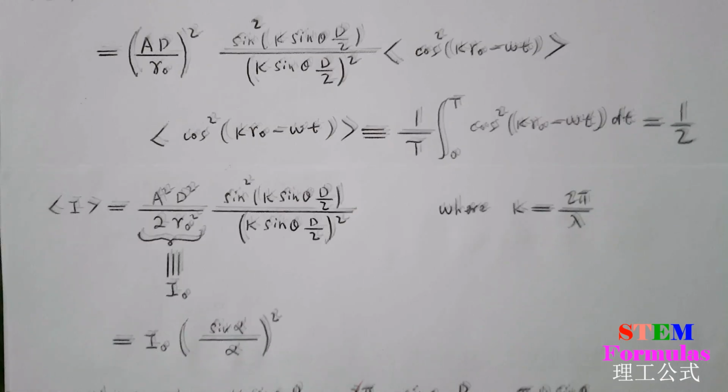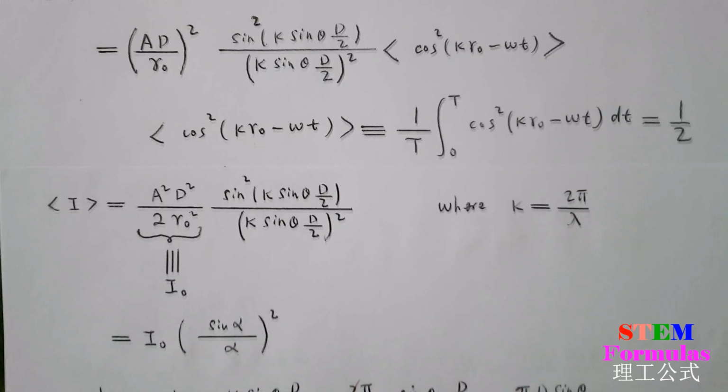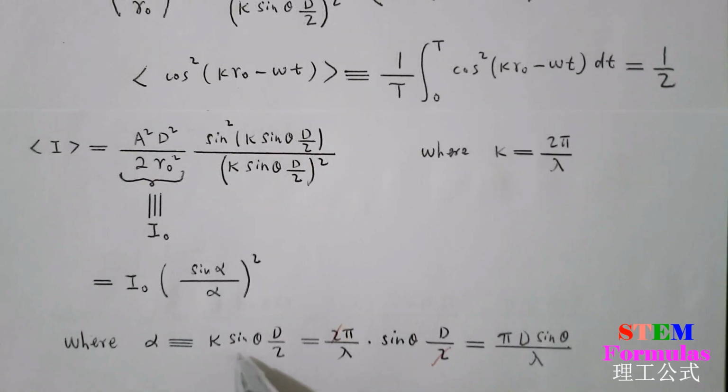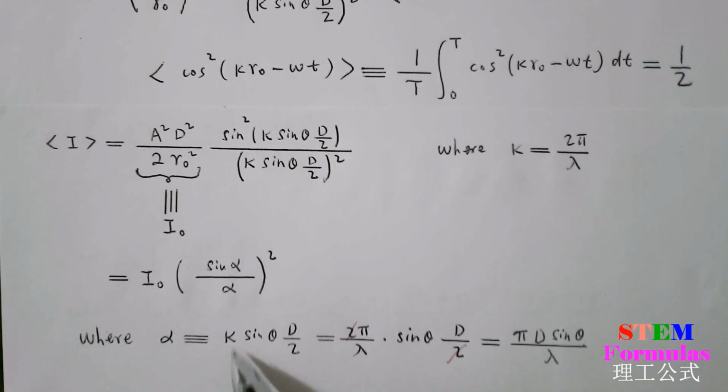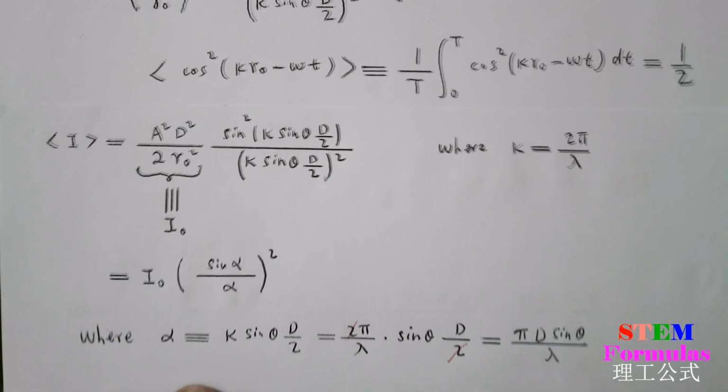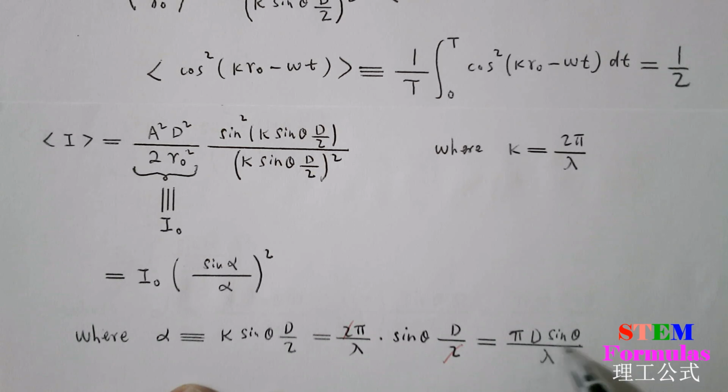And alpha is defined as k sine theta d divided by 2, because k equals 2 pi divided by lambda. K is the wave number, 2 pi divided by lambda. So the 2 cancels out, and I have pi d sine theta divided by lambda.